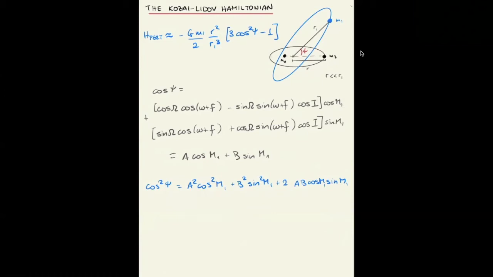A secular approximation means that we are only considering the long-term evolution of the system. So this orbiter, M1, around the binary, we can average this out. If we average the motion, we're going to get rid of the dependency on the mean anomaly of the outer binary. So the average of cosine squared psi is going to be then.